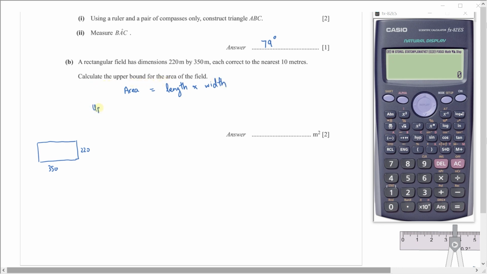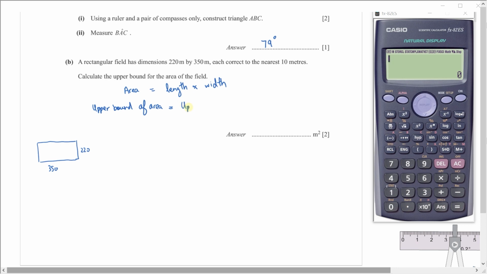So for the upper bound of area, since you're calculating the product of these two, you're multiplying your length with your width. How can you maximize the product here? If you take the upper bound of the length as well as the upper bound of the width, then when you multiply them, you will get the greatest possible value of the area, which is also the upper bound of the area.